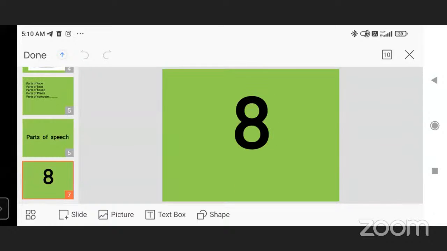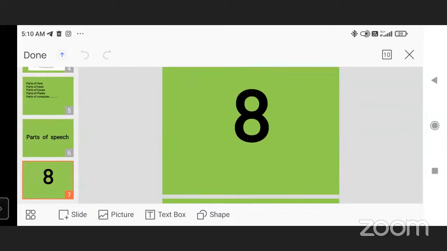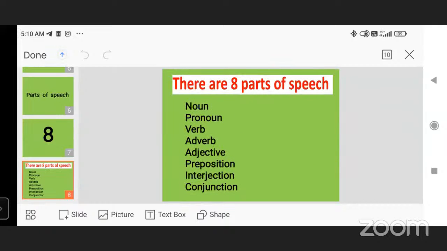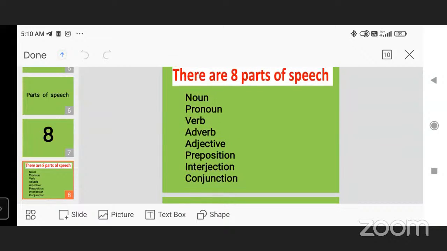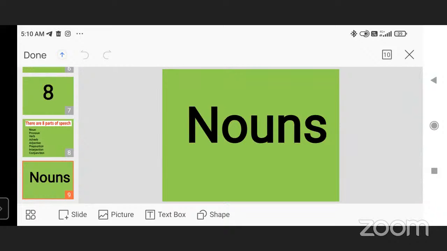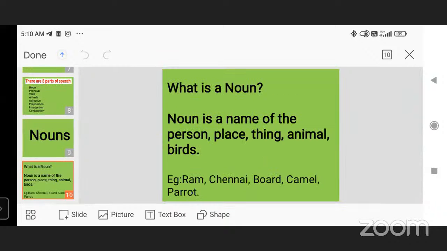How many parts of speech do we have? We have 8 parts of speech. What are they? Noun, pronoun, verb, adverb, adjective, preposition, interjection, conjunction. In the last two classes we have seen nouns and their types. What is a noun?